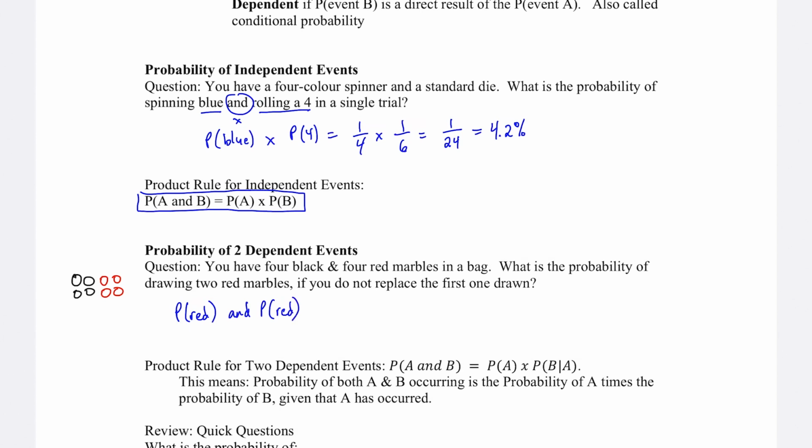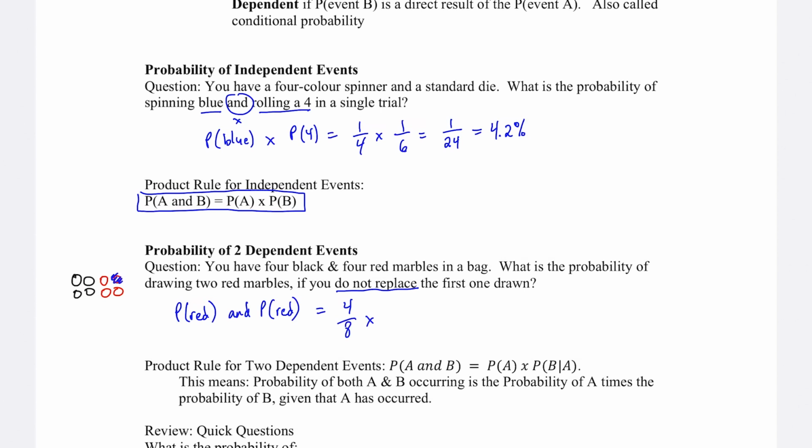In this type of problem, what we have to acknowledge is that once you draw the first red marble, you'll have fewer red marbles left in the bag because they are not replaced. So the probability you get a red on your first draw is 4 out of 8 because there were 8 marbles.